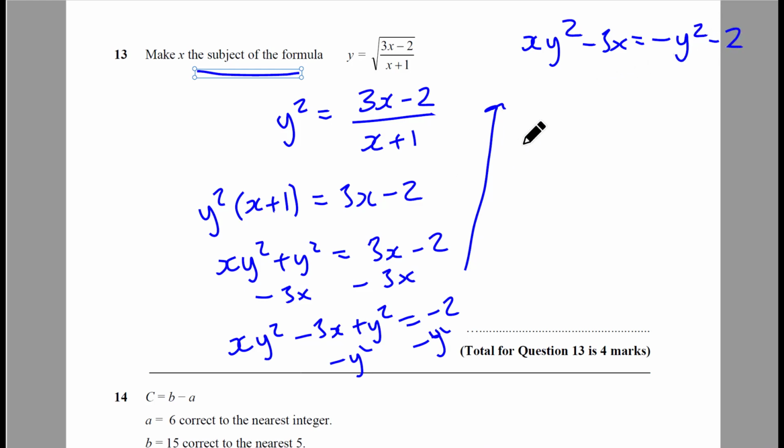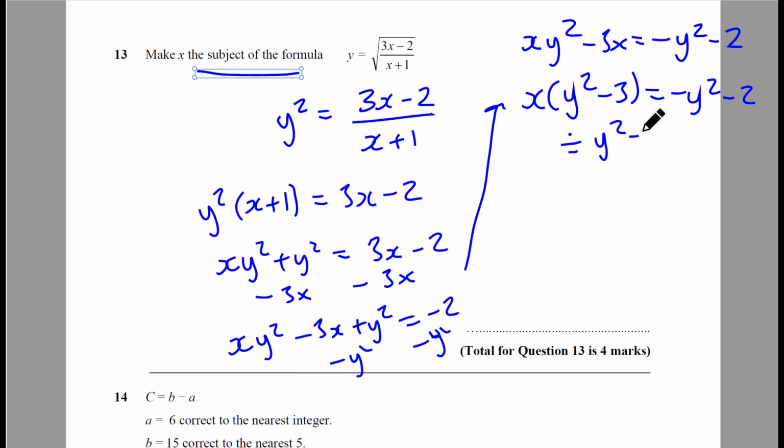Now apologies with the layout, but I am writing this like this so that this is viewable on your mobile phones really easily. So we're going to factorise x out here. That's how we're going to get x on its own. So let's get x out. That's going to be x times y squared minus 3 equals minus y squared minus 2. I'm going to now divide out by that bracket on both sides.